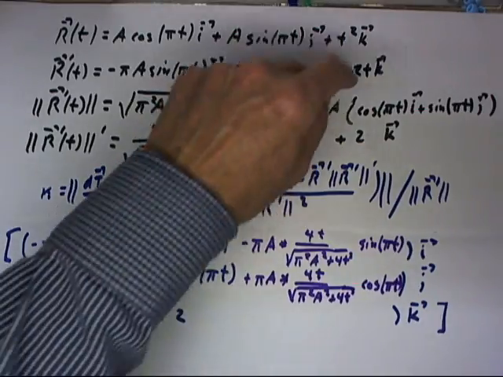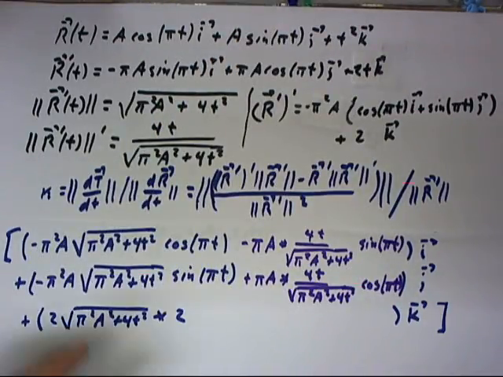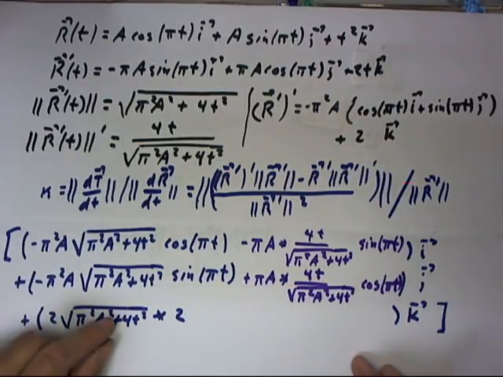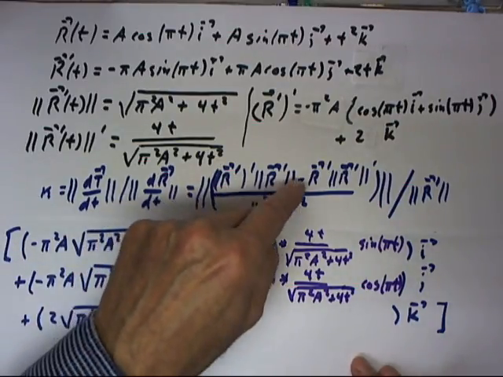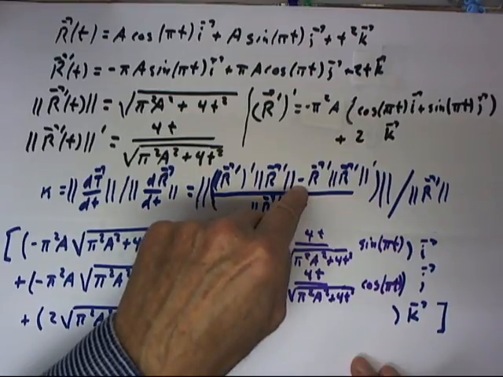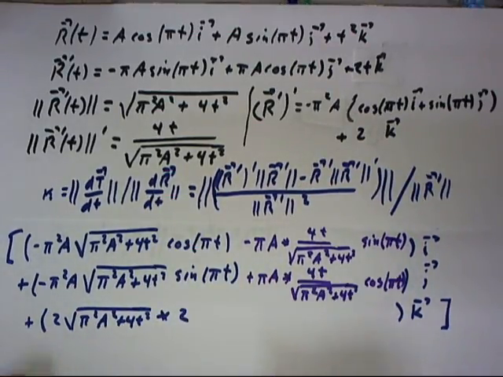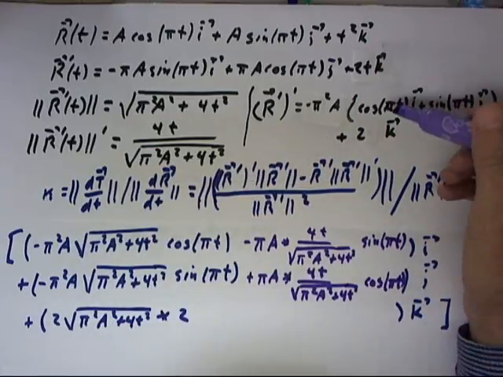On our k component, we have a 2tk multiplied by the r double prime magnitude. And if you've noticed it already, I'll point out that I had neglected to take account of this minus sign here, so both of these signs are going to have to change. But let's go ahead and write down the k, and then we'll get the signs correct.